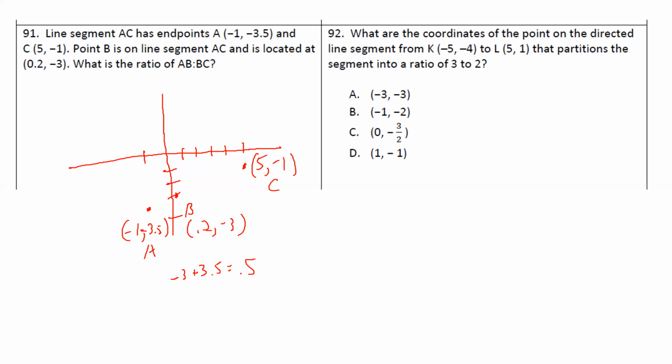Looking at the Y values on the other side, so going from -1 and subtracting off -3, and that becomes adding. So the difference there is 2. All right. So we have a ratio of 0.5 to 2, or better yet, as a fraction, 0.5 over 2. Now, normally we don't like to have decimals, so we need to make that a whole number. How can I get that 0.5 to become 1? Double it. So if I double it, I also have to double the bottom. That's the same thing as saying 1 to 4. And that's my ratio.